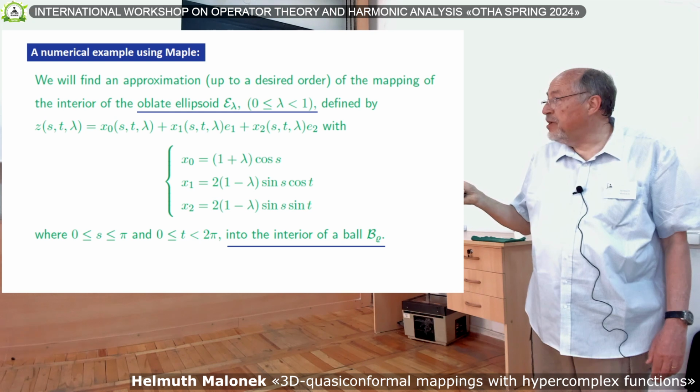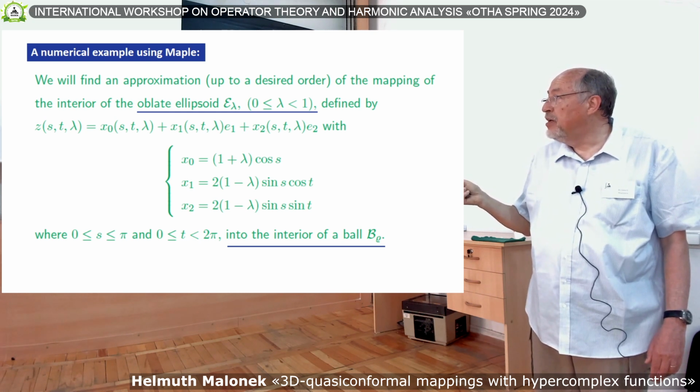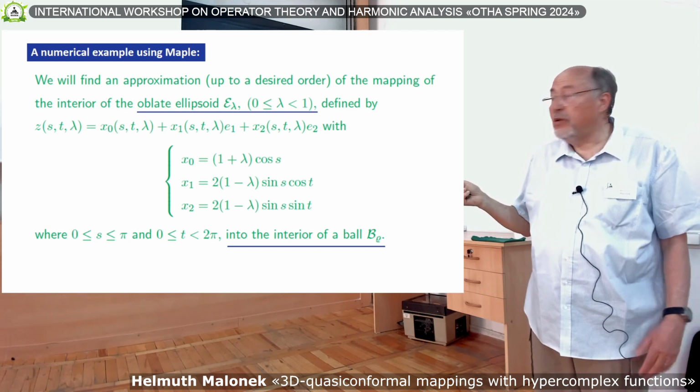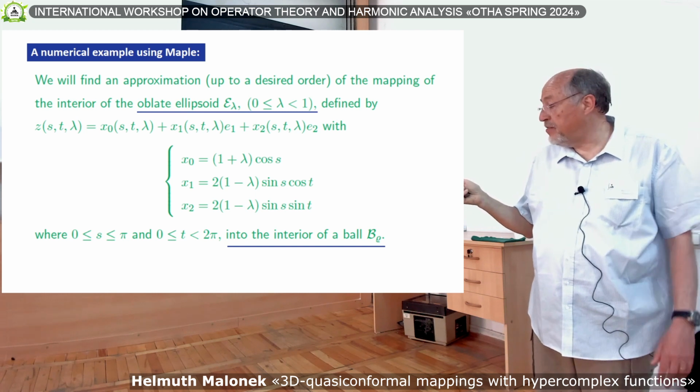You see lambda appears as a parameter and also t as a second parameter for mapping an oblate ellipsoid, the inner, to a sphere. This is here as an example.